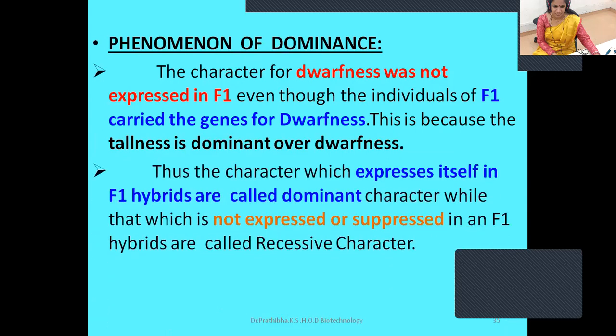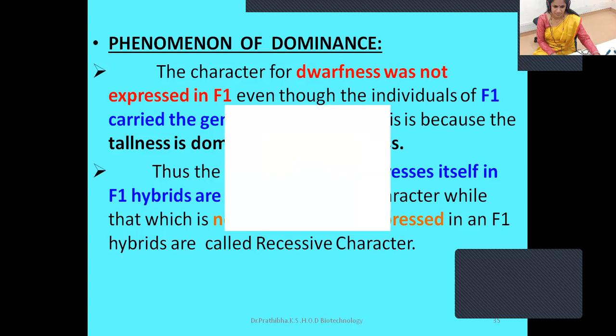Thus, the character which expresses itself in F1 hybrids is called the dominant character, while that which is not expressed or is suppressed in F1 hybrids is called the recessive character. Okay, kindly go through this sentence again. You need to keep in your mind which one is the dominant character and which one is the recessive character.